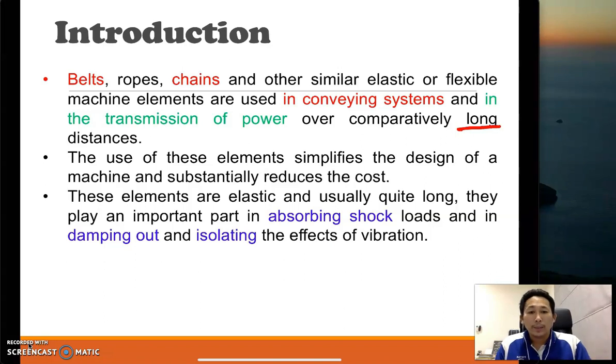The use of these elements simplifies the design of a machine and substantially reduces the cost. These elements are elastic and usually quite long. They play an important part in absorbing shock loads and in damping out and isolating the effects of vibration. These are the advantages of using flexible type of drive.